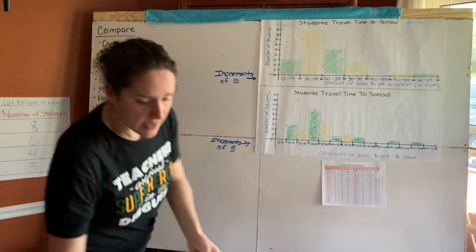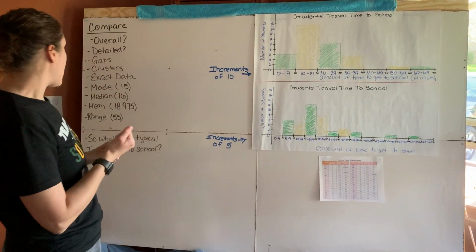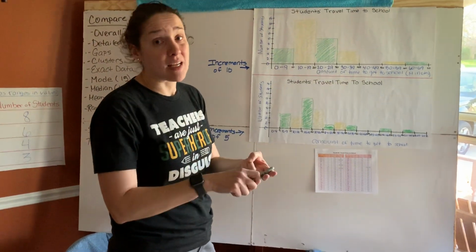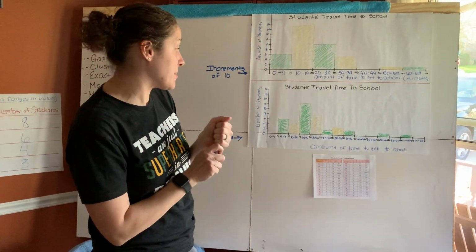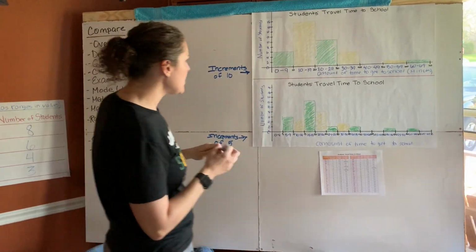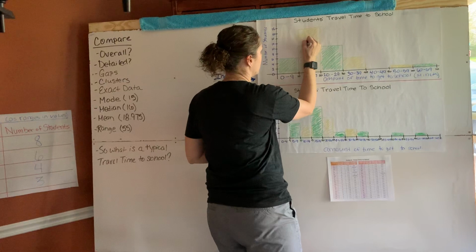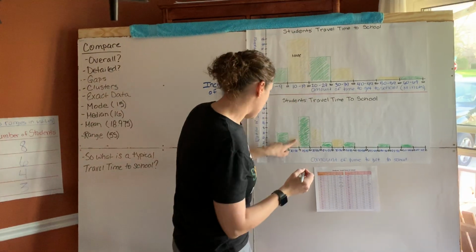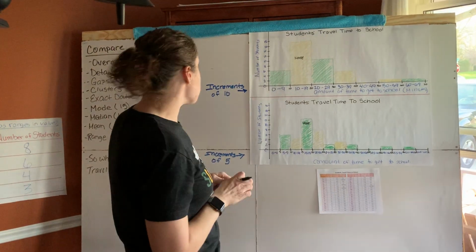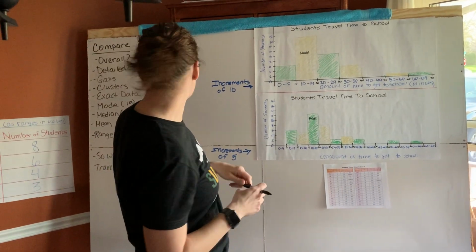This is something I also wanted to show you. So if you were to take all of this data and find the mean, the median, the mode, and the range, you should be used to those numbers by now. The mode is 15. So the mode is somewhere in here and somewhere in here. The median, if you were to calculate it, is 16.